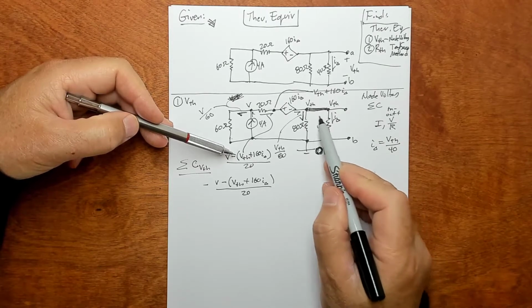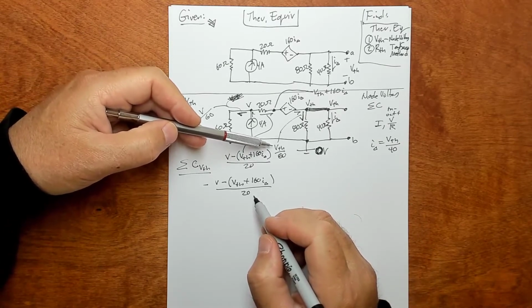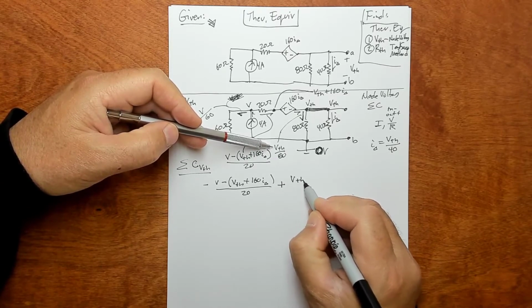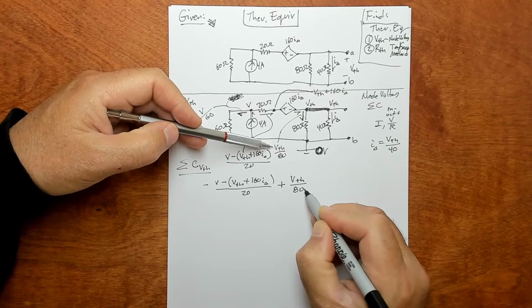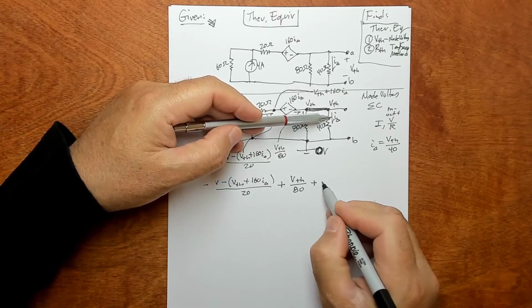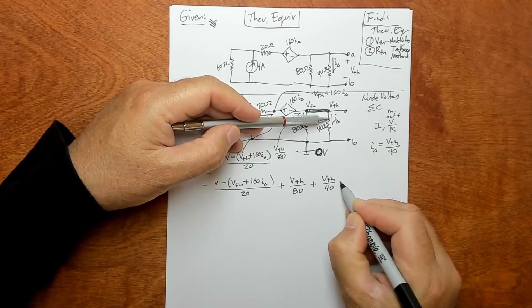Then I've got these two guys leaving. I've got V Thevenin over 80 leaving, and then I've got I delta leaving, which I've expressed as V Thevenin over 40. Those sum to 0.